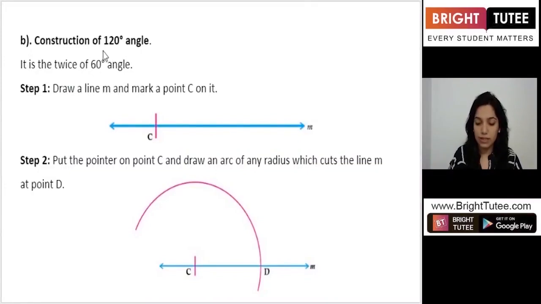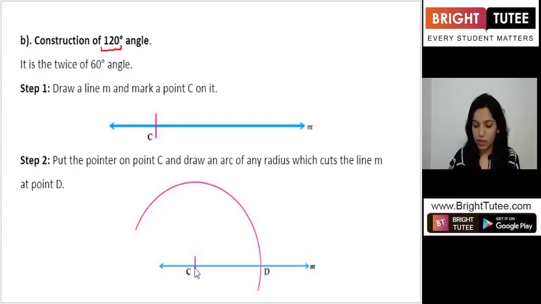I hope you can see the angle of 120 degrees is nothing else but twice of 60 degrees. It's double of 60. So what you do, step 1, draw a line, say line M, and mark a point C on it.